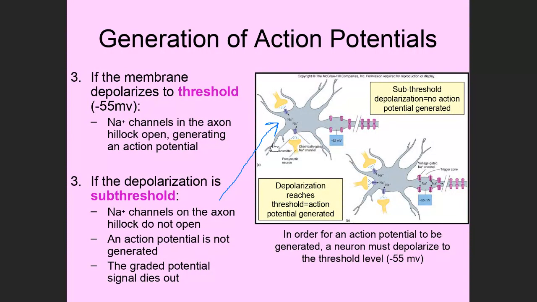So if that's the case with a subthreshold depolarization, we don't get an action potential generated. This neuron does not pass on, it does not communicate the fact that there was a change in its environment. So no other cell, no other part of the body becomes aware of that change.